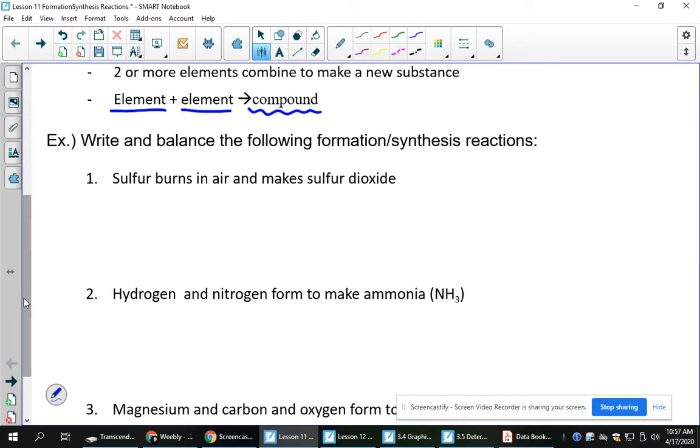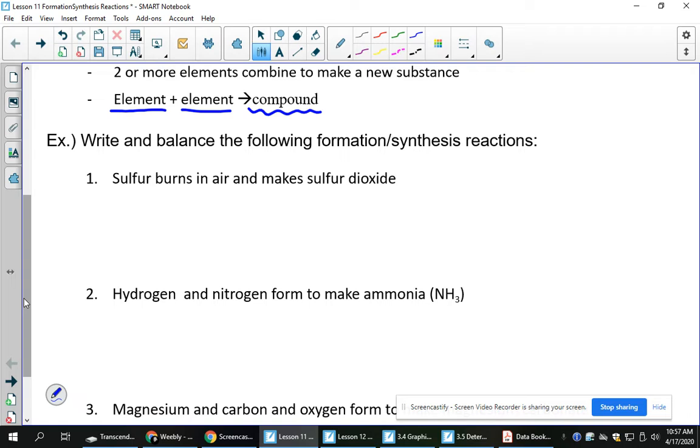So writing and balancing reactions takes a lot of steps. This is why we've practiced writing ionic compounds for so long, because usually we start with the words. And the first thing we have to do is take the words and write the chemical formulas. So the first example has sulfur burning in air, making sulfur dioxide.